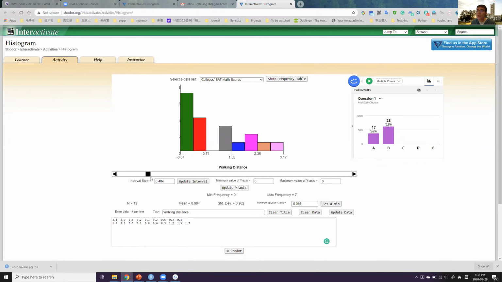But if we increase the bin size, we pretty much lose some information, and we get a less and less clear distribution. Finally, we get a very inaccurate result, like the majority is put into this region, but this is not so informative.